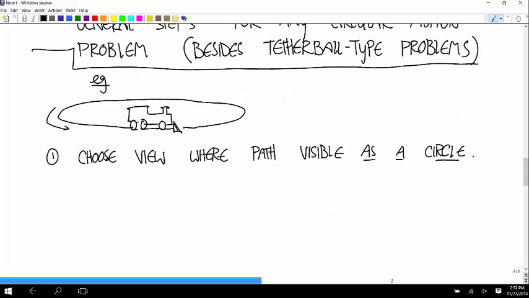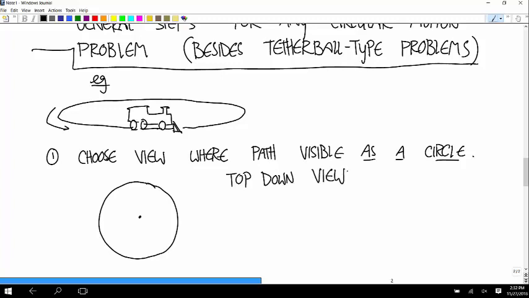In this example, I would take a top-down view. From underneath looking up would work fine too. And so then for the coordinate system, I'll choose the origin at the center and the axes like that.